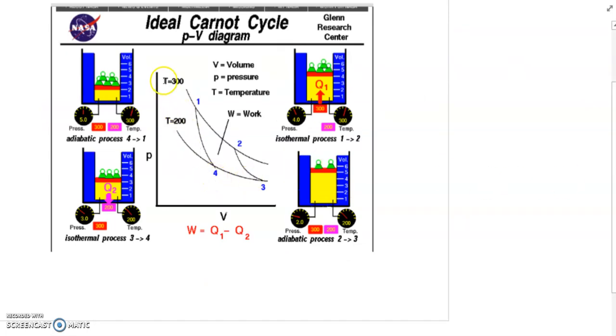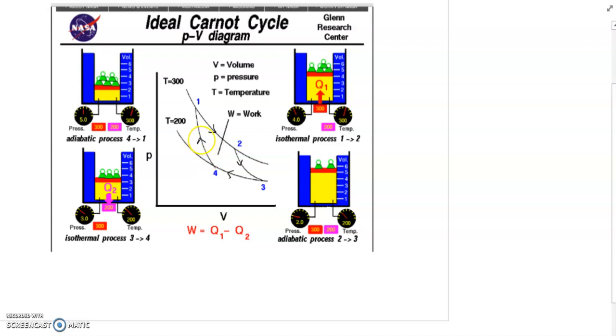Basically I just explained this previously. You start with process 1 to 2. From 1 to 2 is reversible isothermal expansion. 2 to 3 is reversible adiabatic expansion. Then 3 to 4 is reversible isothermal compression.